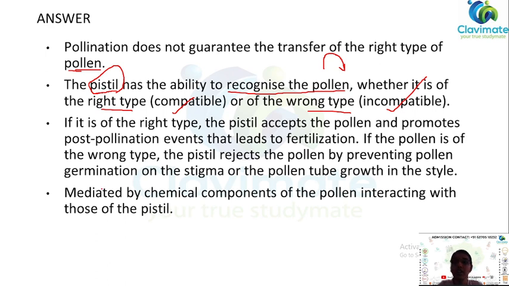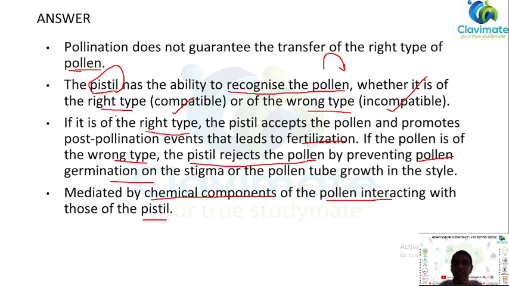It is mediated by chemical components of the pollen interacting with the pistil. When the chemical components interact with the pistil, if the pollen is of the right type, it will lead to double fertilization. If the pollen is of the wrong type, the pistil rejects the pollen by preventing pollen germination.